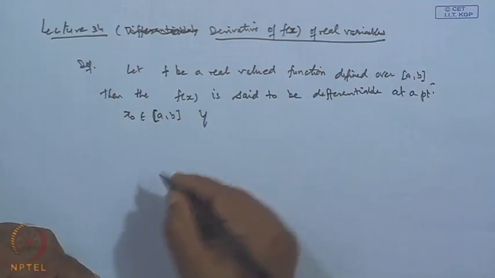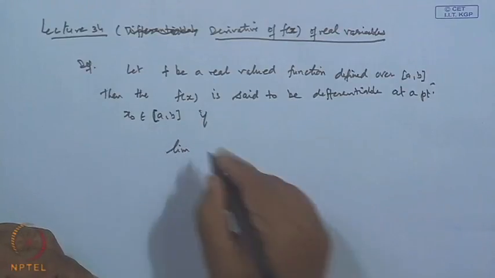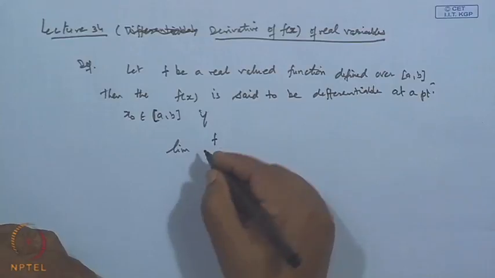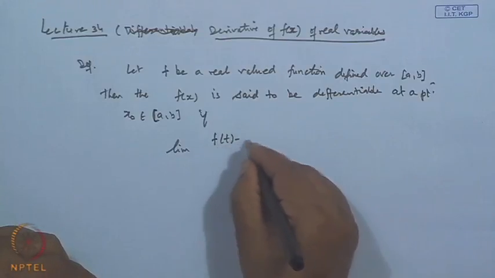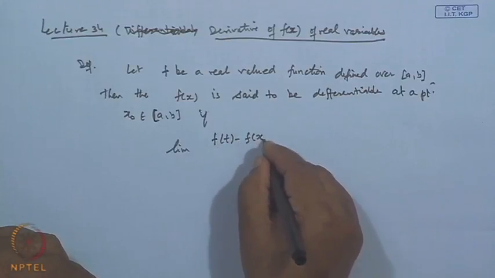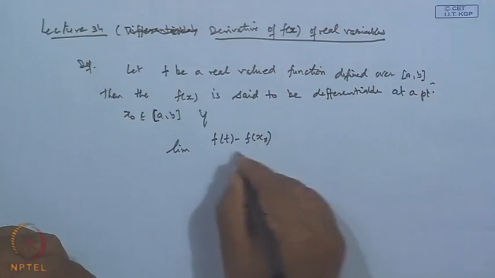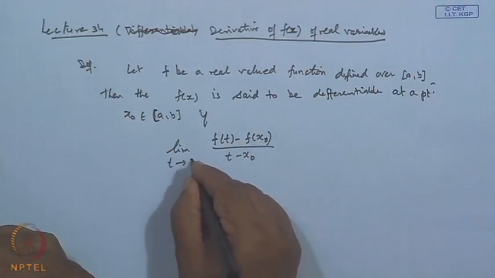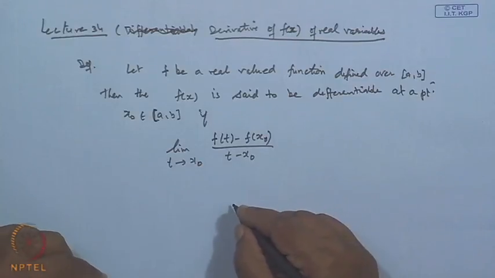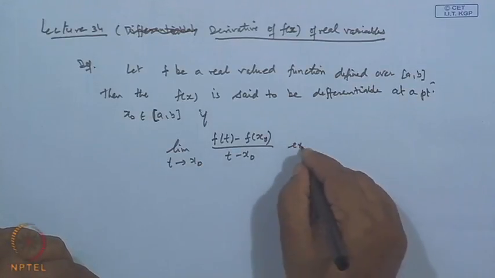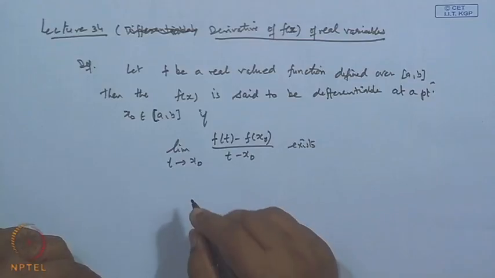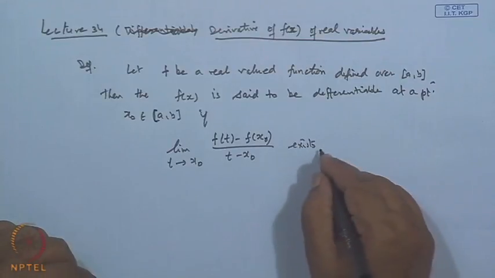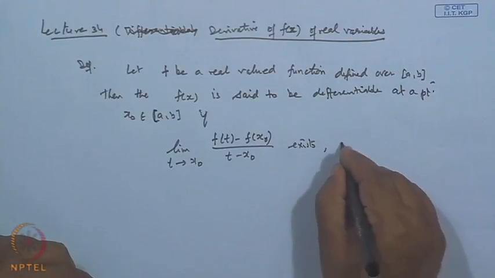if the limit of this function, f(t) minus f(x naught) divided by t minus x naught, as t tends to x naught, exists and is finite, of course.